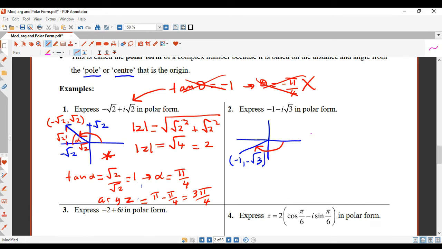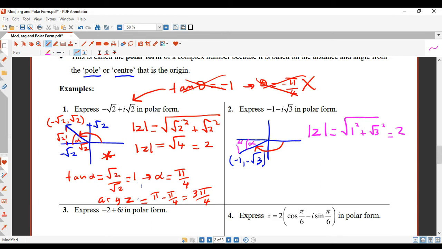Now, probably the easiest thing to do first is just work out the modulus. So the square root of, I'm not going to worry about the negatives there, 1 squared plus root 3 squared. And again, that's going to be 2. Okay. Now, let's work out the acute angle between the ray and the x-axis. This one here, I'm going to call it alpha. Right.